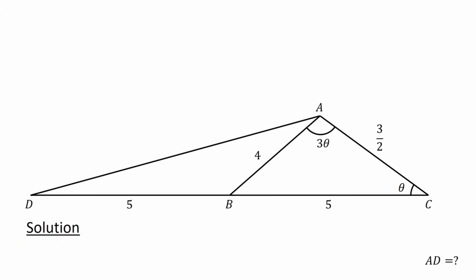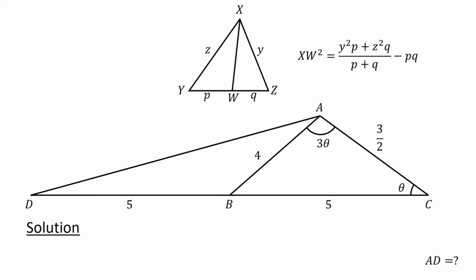Finally, let's apply Stewart's theorem to triangle ADC. Given a triangle with these dimensions, Stewart's theorem tells us that xw squared equals y squared p plus z squared q over p plus q minus p times q.